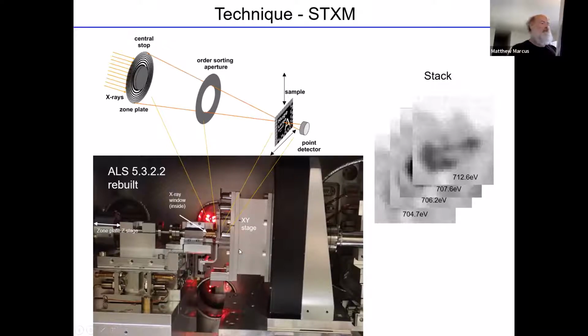So it's a relatively simple machine in principle, but building a good one is a bit of a trick. And the guy who built this has built several, and so he got good at it. This red light here is a laser light from the interferometer that measures the positions of everything to nanometer accuracy.